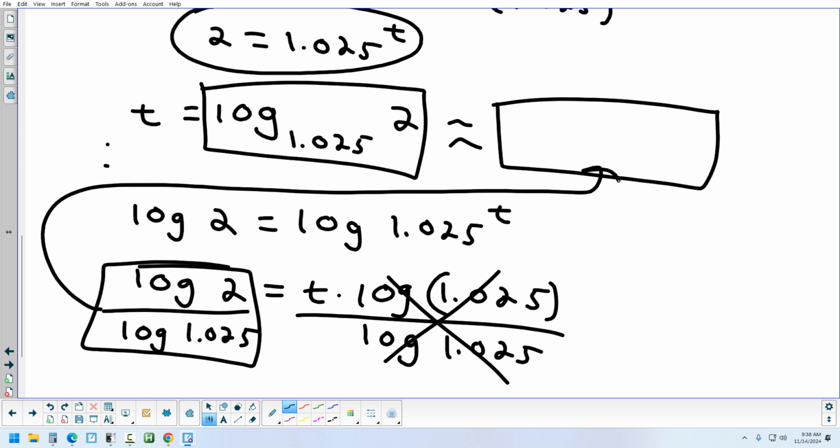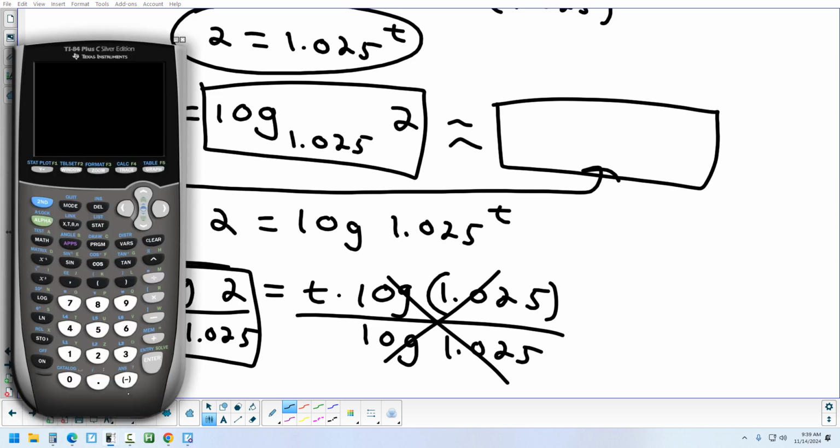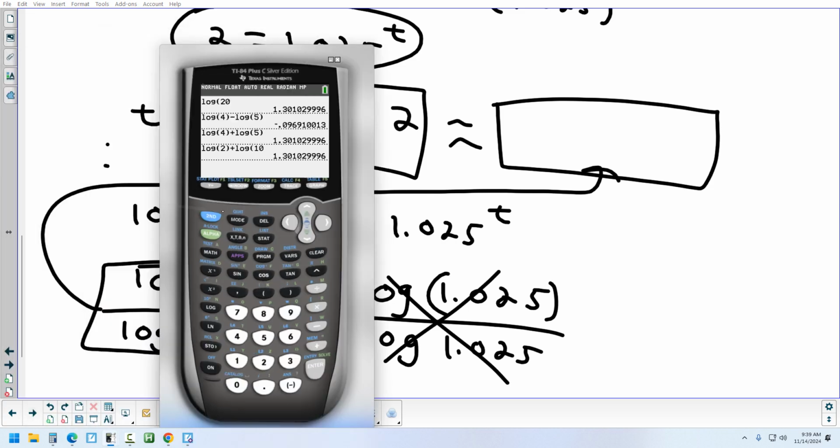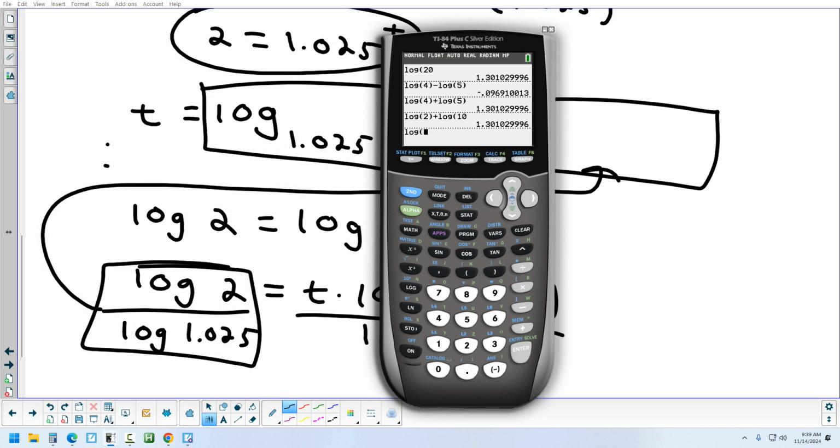Log base 1.025 of 2 is exactly the same as log 2 divided by log 1.025. They're exactly the same thing. And that is something we can type in on the calculator. So let's do it. Log 2, just make sure you close your parenthesis and divide by log 1.025.